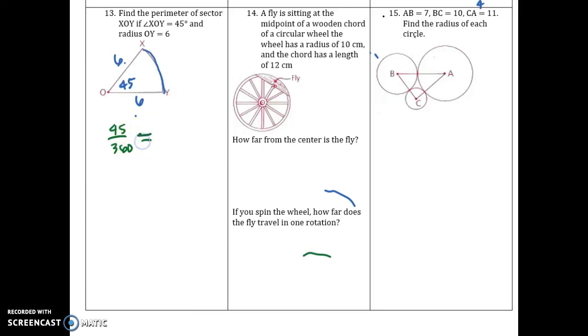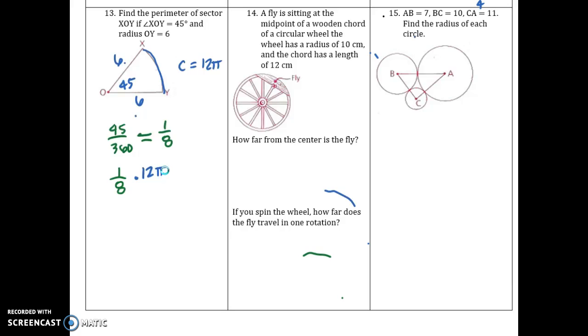Let's go ahead and reduce that fraction first. So 45 over 360 would just be 1/8 of the whole circle. And so then you have 1/8 of the circumference of the circle, which is 12 pi. So 1/8 times 12 pi.